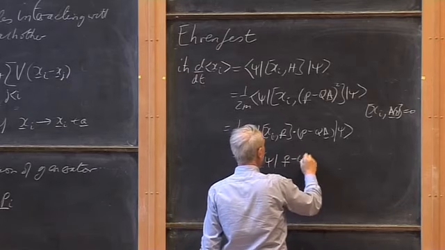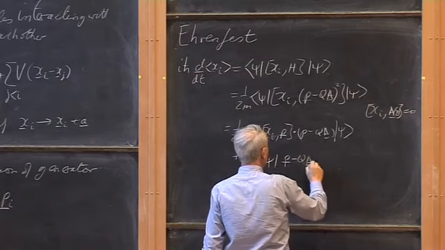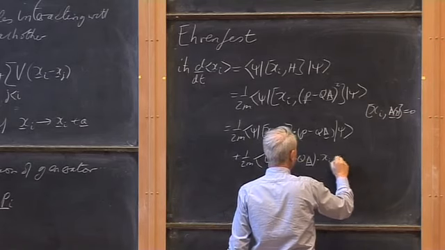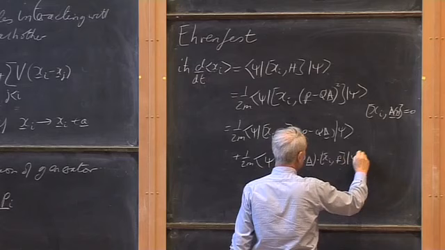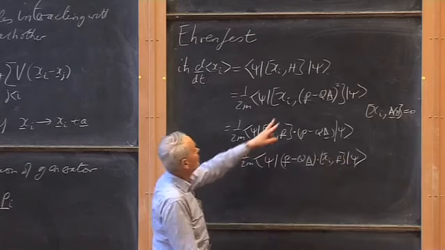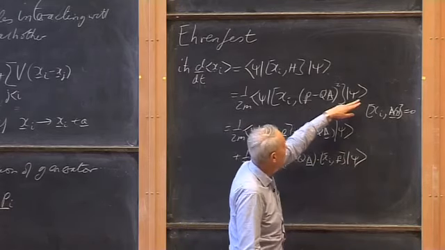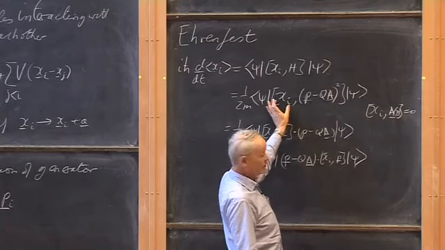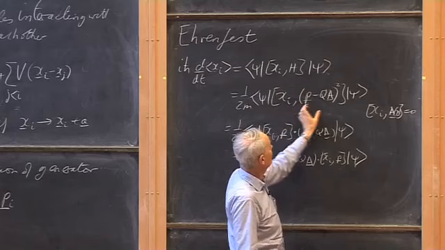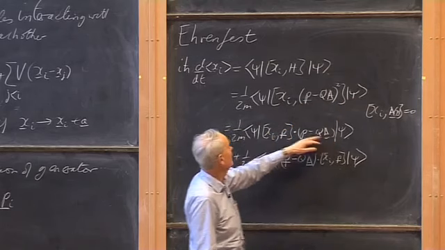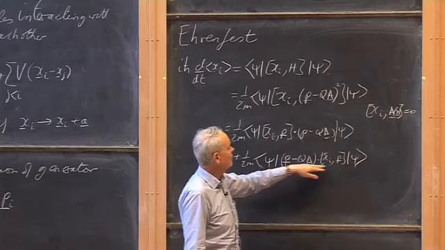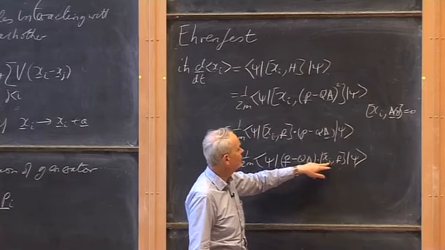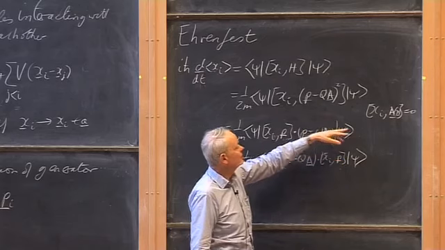This is going to be (p minus qA) dotted with the commutator of x_i with p. All right, so what we've done is regard this as (p minus qA) dotted into (p minus qA), which is a product. We've used the rule for doing the commutator on a product: do the commutator on the first term, leave the second alone, then leave the first term alone and do the commutator on the second one. And the commutators on these brackets reduce to merely x_i with p because of that.